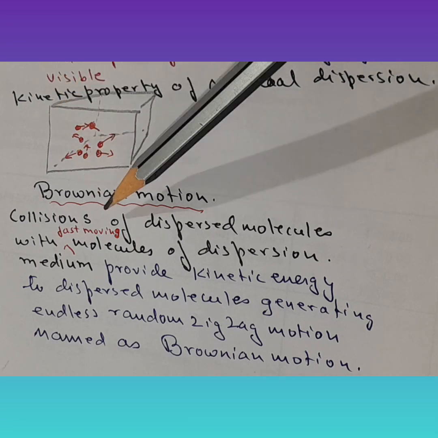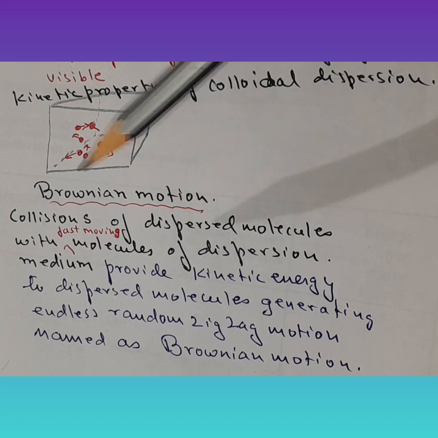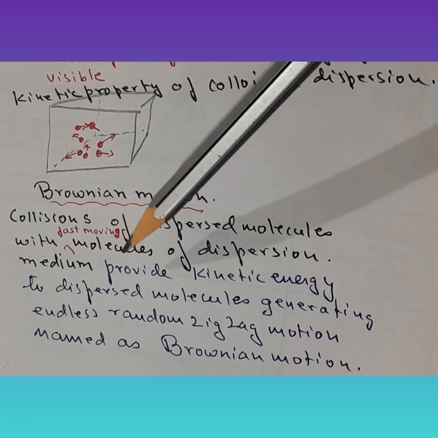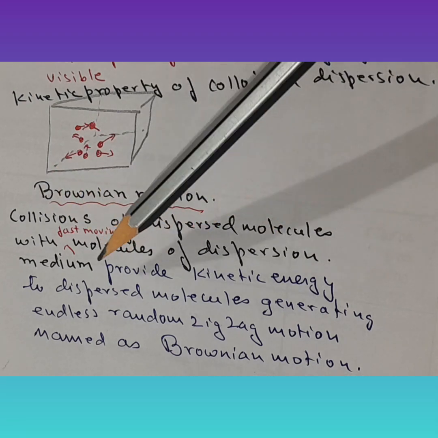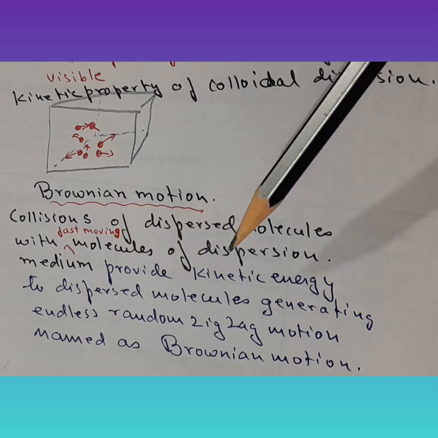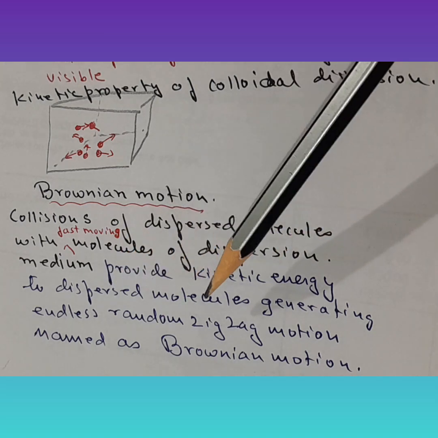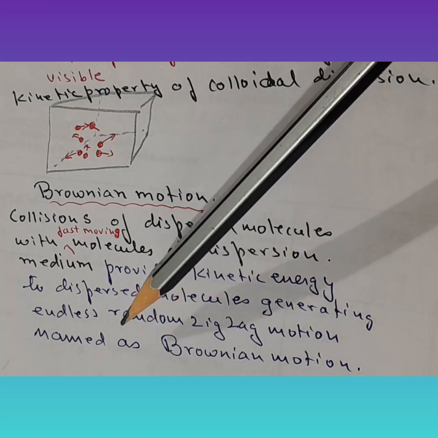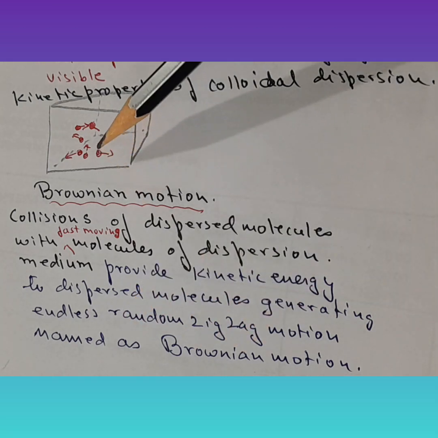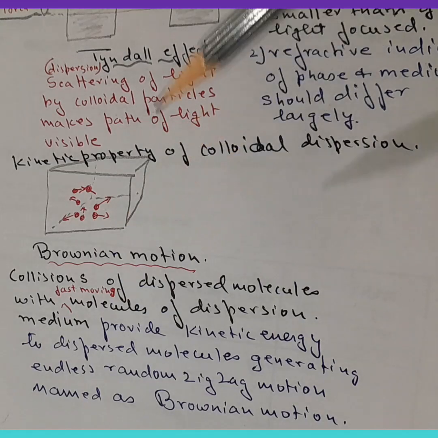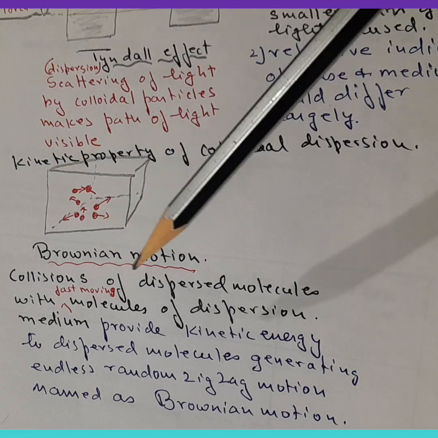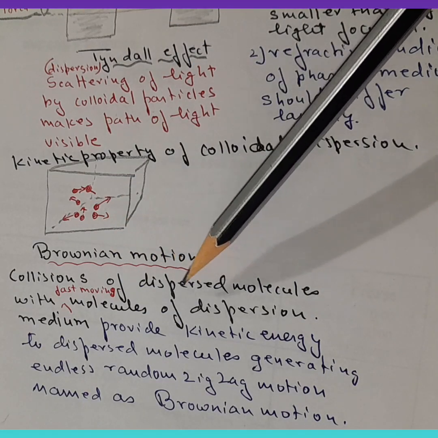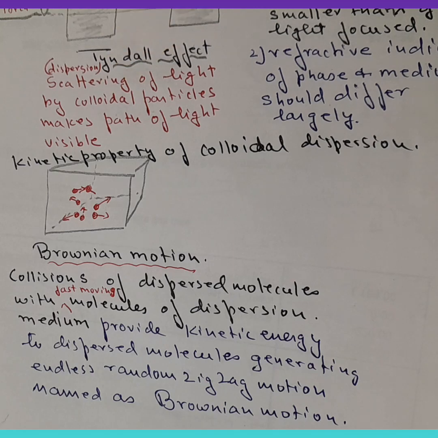Alright, so collisions of dispersed molecules with fast moving molecules of the dispersion medium provide kinetic energy to the dispersed molecules, generating endless random zigzag motion named as Brownian motion. Alright, so Tyndall effect and Brownian motion are the properties of colloidal dispersion.